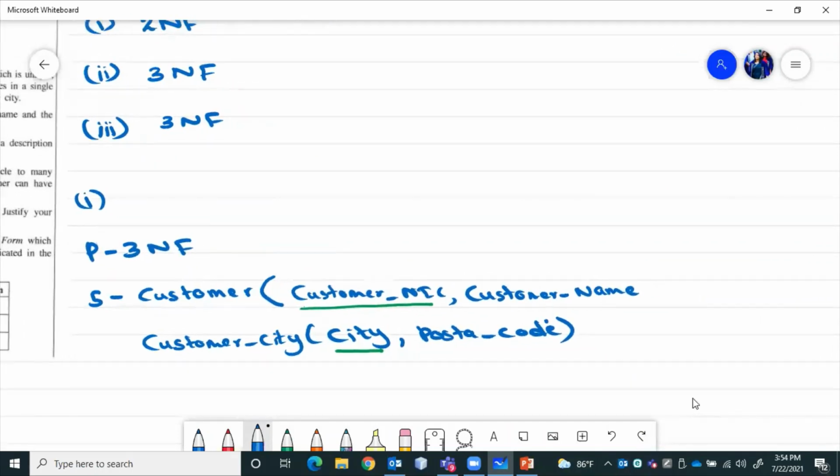We have to make the city a foreign key here. Now we have a connection. Then we would be able to identify the postal code of the necessary city. This is how we can make it third normal form.